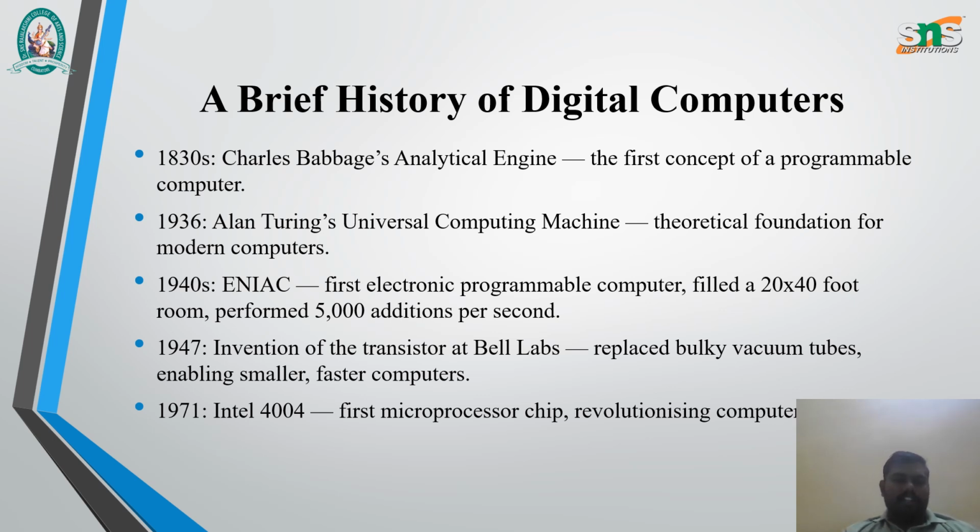We always know Charles Babbage as the father of computers. In 1936, Alan Turing described the universal computing machine, and in the 1940s came the ENIAC, which performed 5,000 additions per second. In 1947, Bell Labs developed the transistor.